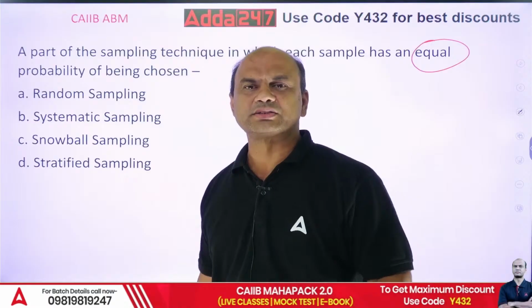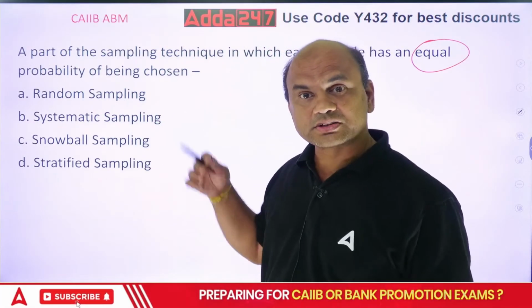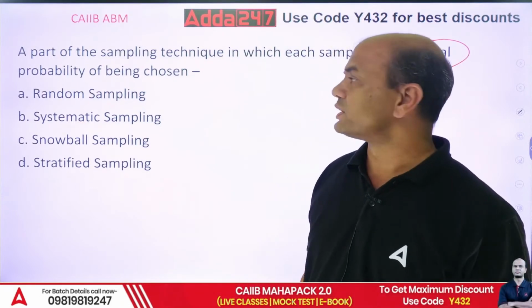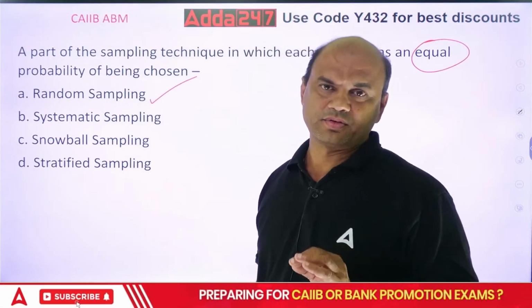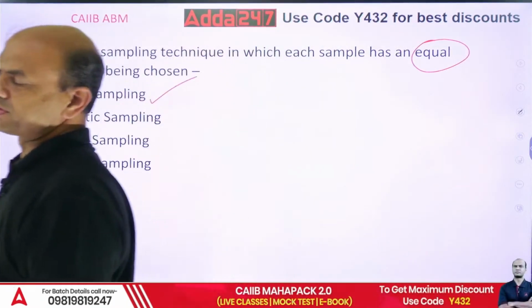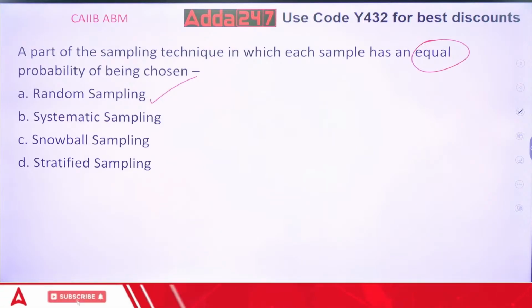Now amongst them, which is the best one? Kindly note, simple random sampling is known as the best sampling. What is simple random sampling? Stratified I have explained. Now I'll explain the remaining ones also.